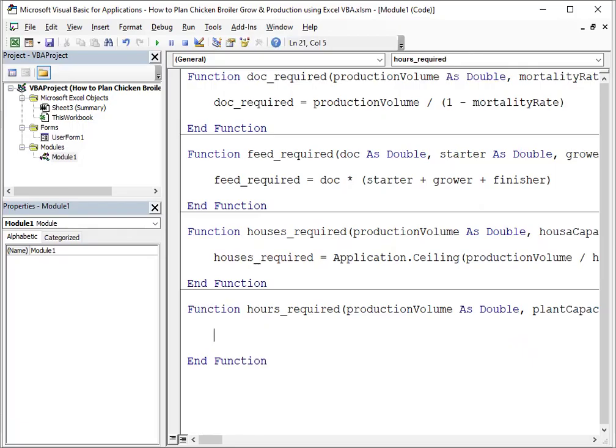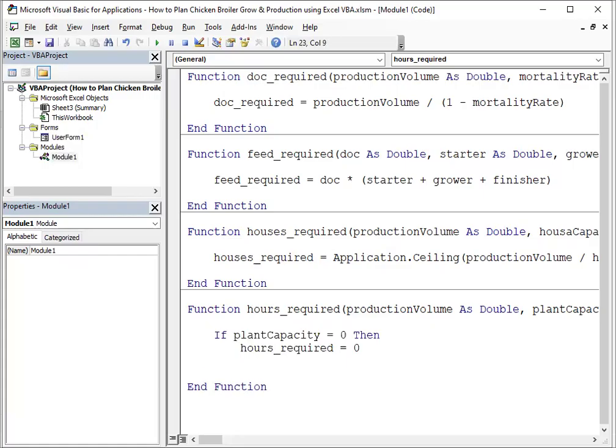Then what I'm going to do is a condition statement. If plant capacity is equal to 0, then hours underline required equals 0. This is to prevent division by 0.